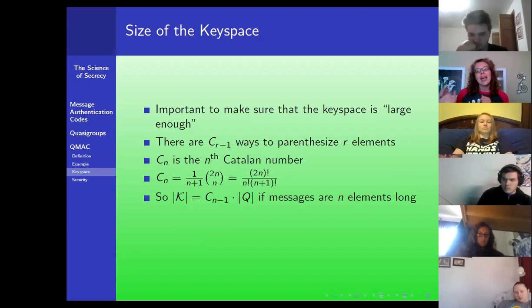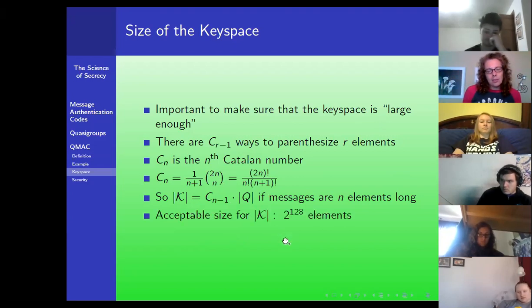And then we've got this extra element C at the end. And C comes from the quasi-group, so you've got the cardinality, or the size, of the quasi-group, the number of ways to choose your value of C. So we have C sub n minus 1 times Q. That's the size of the key space for this particular message authentication code with blocks of size n.